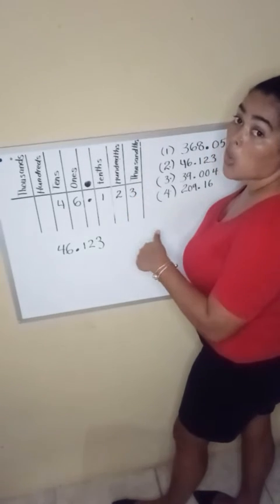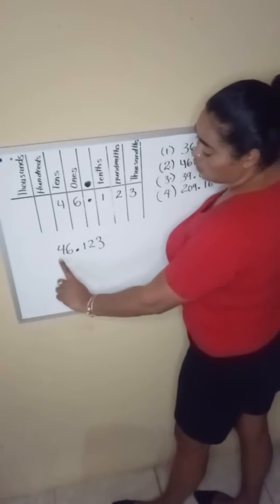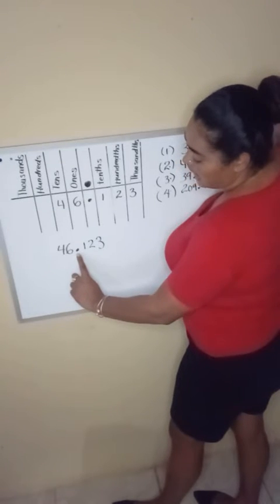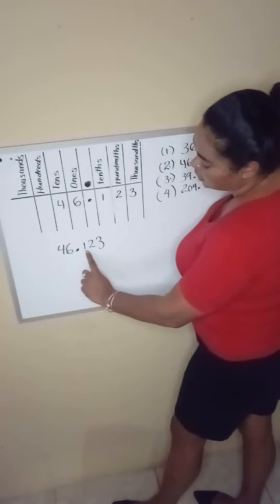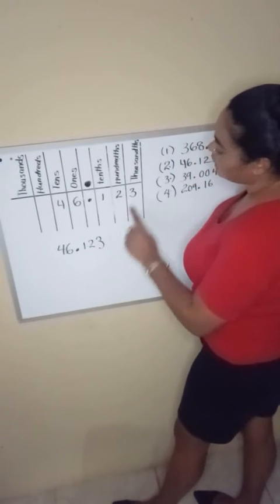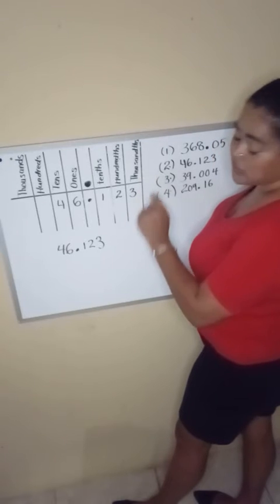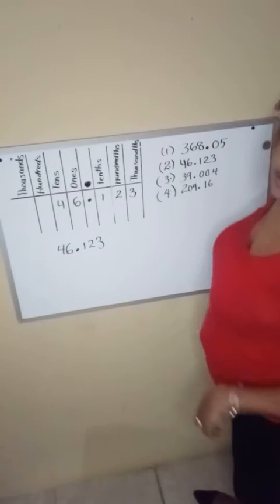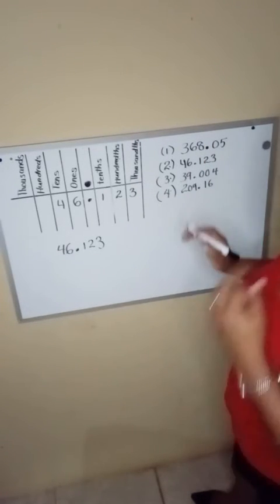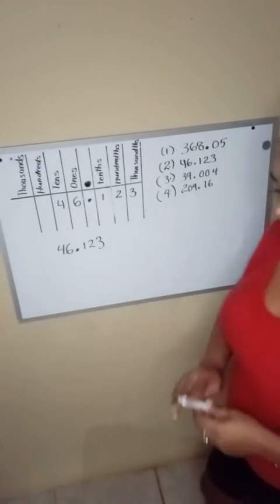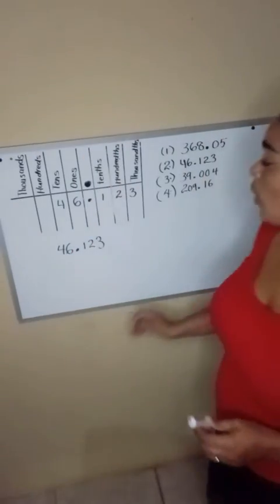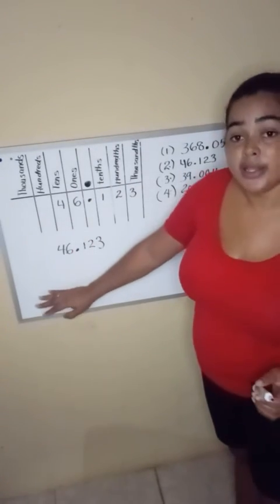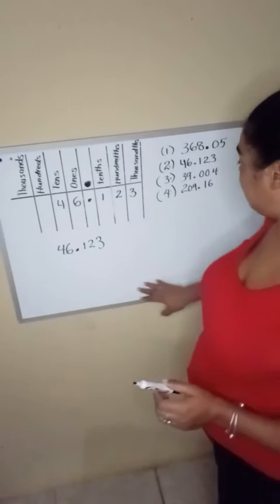Now let's read the whole number. 46 and 123 thousandths. That is how you read that number there, right? Let's do one more. And then I'm going to show you how to write it in word form, right?